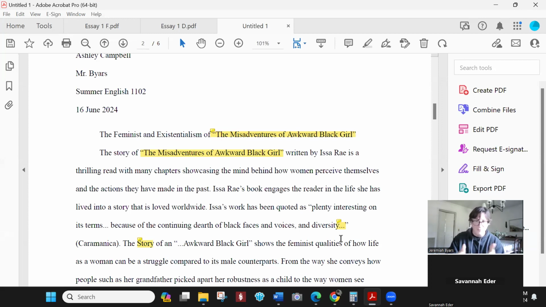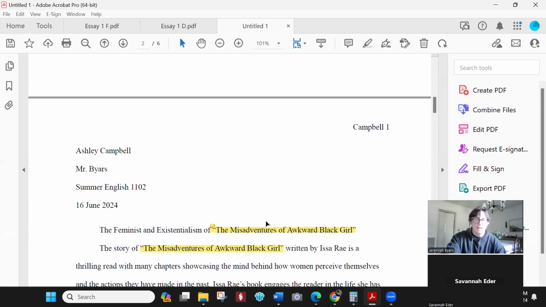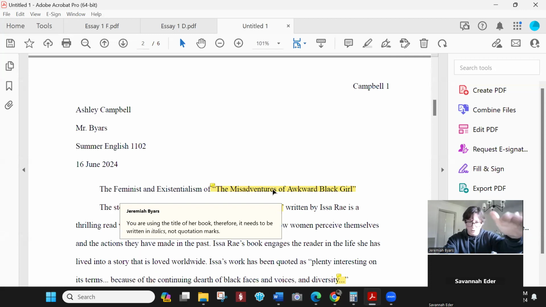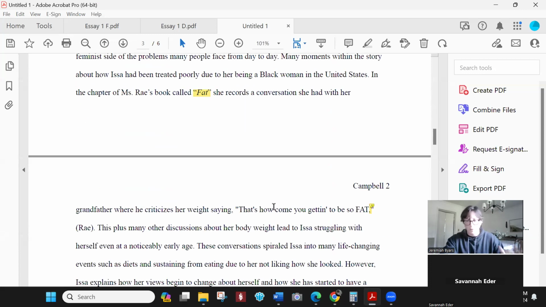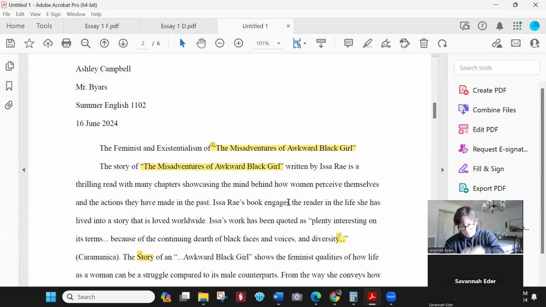So if this person right here, Ashley Campbell, which is not really her name, made an 80 on essay 1, but then after she writes her essay 2 and edits it and makes sure she does not make any of these same mistakes and it's perfect, and she makes a 95 on essay 2, then her essay 1 grade will be changed to a 95.